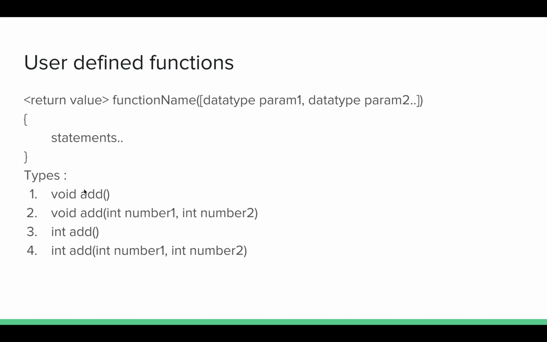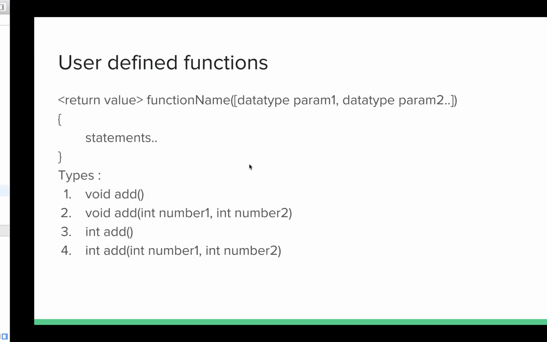Then there are the types that we have seen: no return type (void) without parameters, no return type with parameters, with return type and no parameters, and with return type and with parameters. So there are these four. Yeah, that's it. Cool.